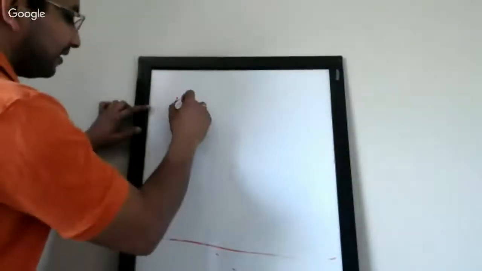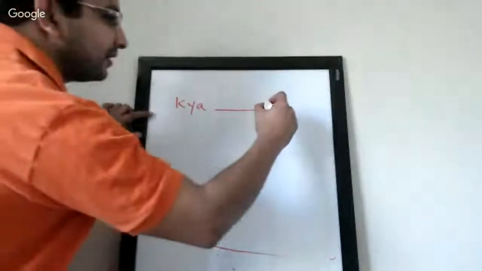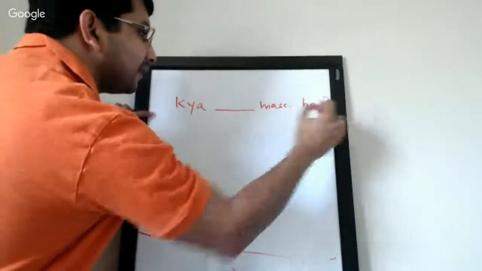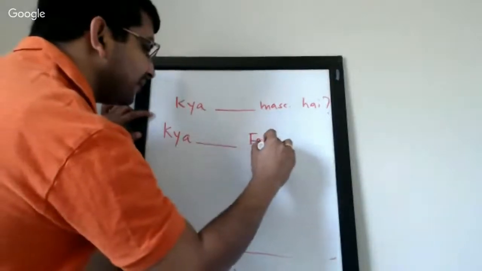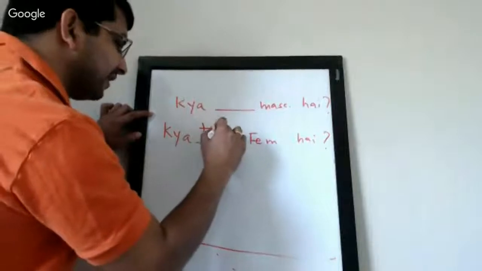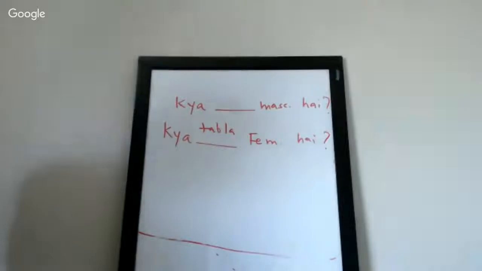And as I mentioned in the past, you can always use this formula: kya, and then your object, masculine hai, right? Or you can use this formula, kya feminine hai, right? Or you can say kya tabla feminine hai, nahi tabla masculine hai. That way, at least you can ask this question in Hindi, and you can make your sentence accordingly.